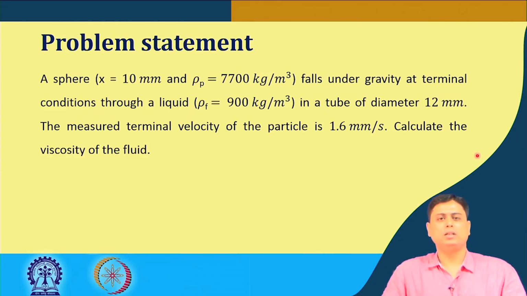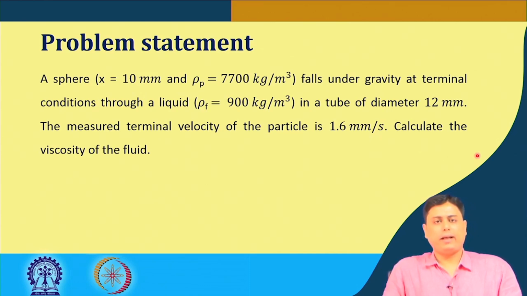So by mentioning these two dimensions, the problem statement indirectly indicates that there is an effect of the boundary on the terminal velocity. You have to understand this, because nowhere is it directly written to consider the effect of the wall.